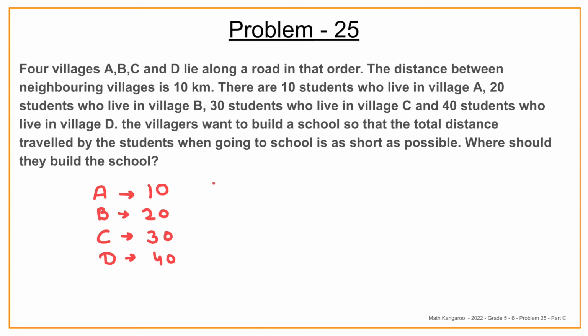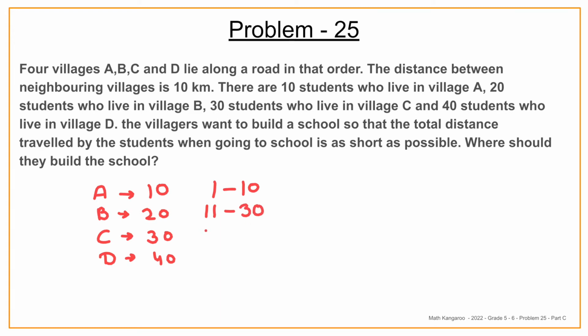So we start from village A. We start putting stickers 1 to 10 on the students. Now when we come to village B, we will start putting the stickers from 11 and mark 20 students, till 30.